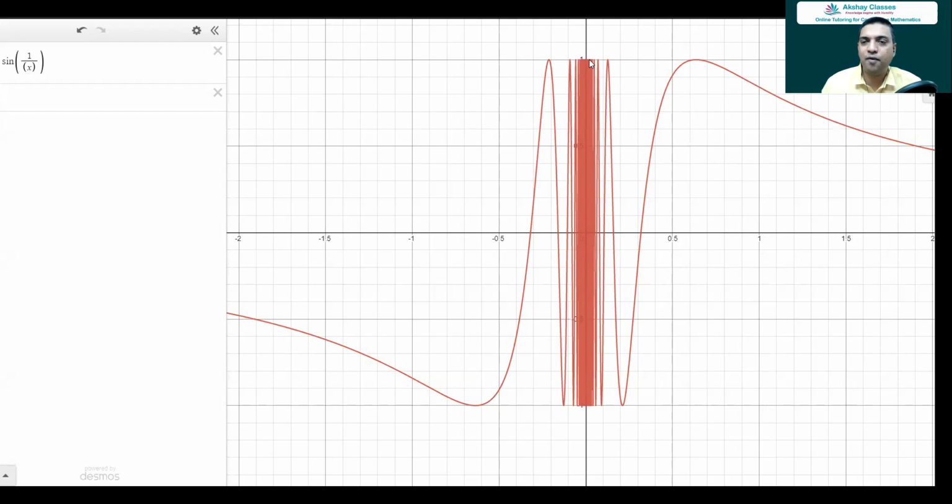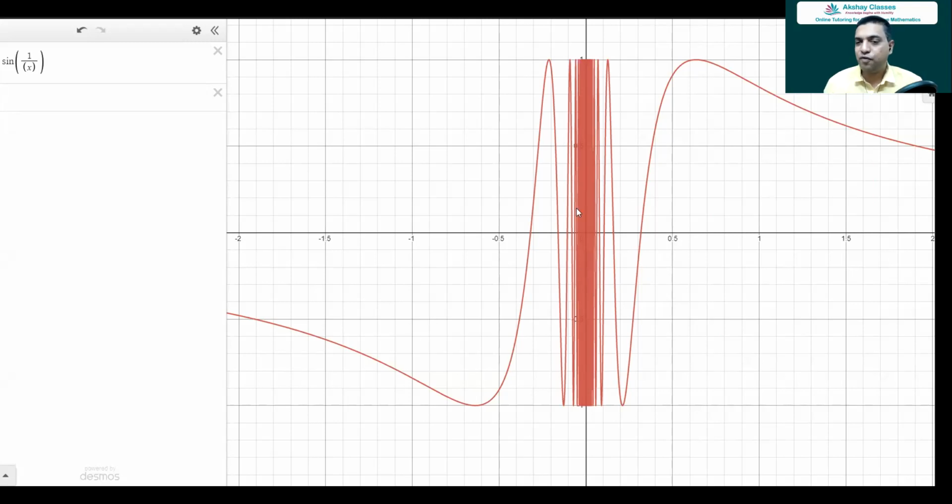It can be 1, it can be -1, it can be 0, it can be some value in between -1 and 1. From here, a small delta change I make in the value of x, my value of function oscillates between -1 and 1.